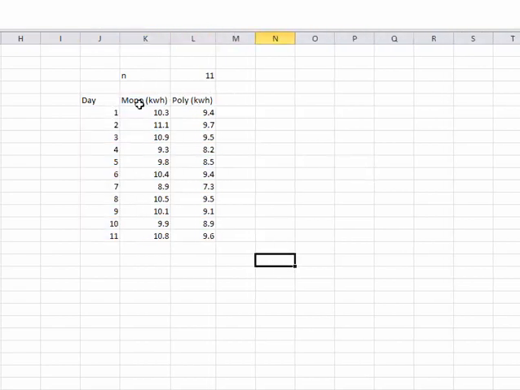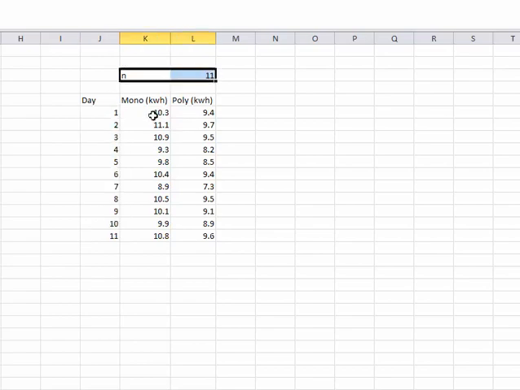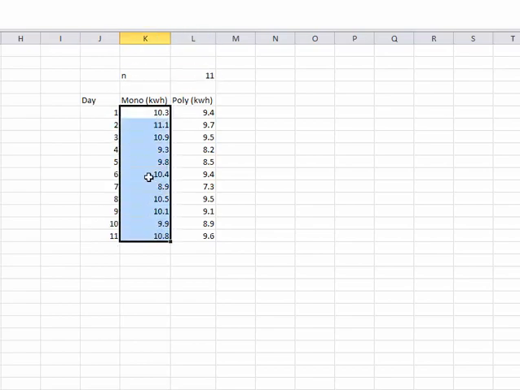I have 11 days, so our sample size is going to be 11. And I have kilowatt hours, the energy that we've collected or measured for our monocrystalline for days 1 through 11, and then also for our polycrystalline silicon for days 1 through 11.